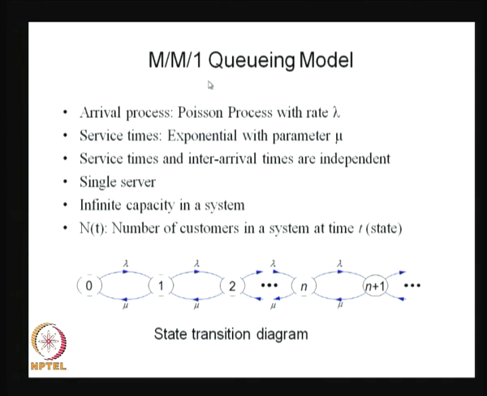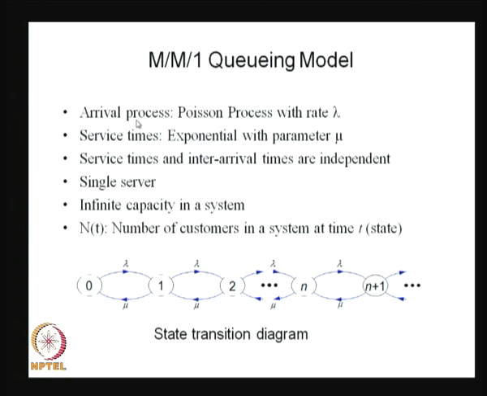Now our interest is to find out the behavior of a queuing system or the behavior of the number of customers in the system at any time t. Therefore, you can define a random variable N(t), that is nothing but the number of customers in the system at time t. Therefore, this is going to form a stochastic process over the t.